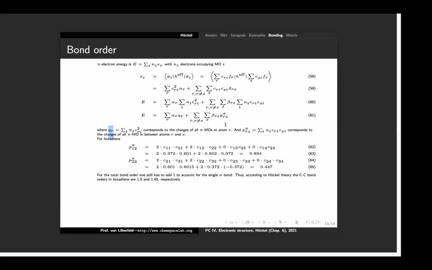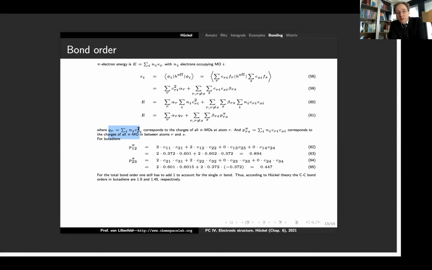So then the total number of electrons is simply your occupation number times these charges, times these coefficients. So there's just some charge sitting on the atoms that do nothing in the terms. Absolutely.